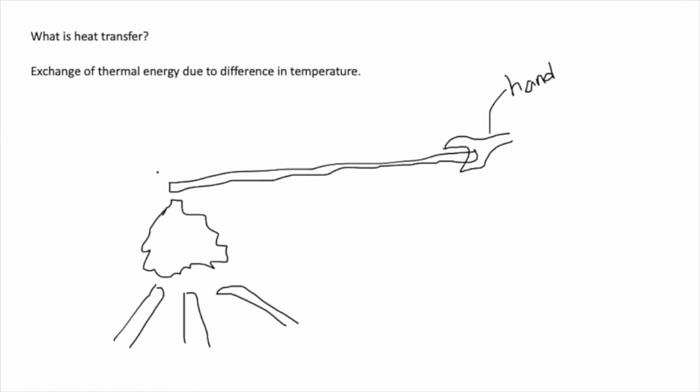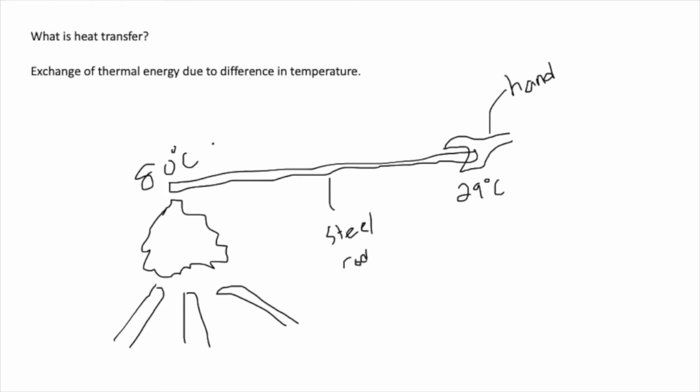Okay, the temperature of the rod that is lit up by fire, let's say 80 degrees C. Meanwhile, the tip of the rod that we hold is 29 degrees C. Okay, let's assume that the rod is made of steel.